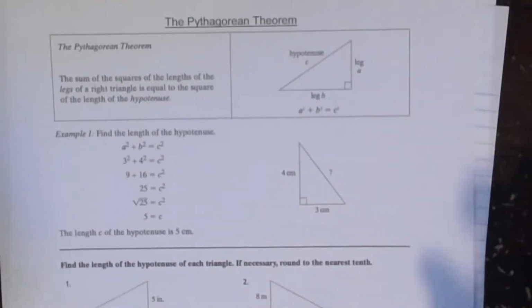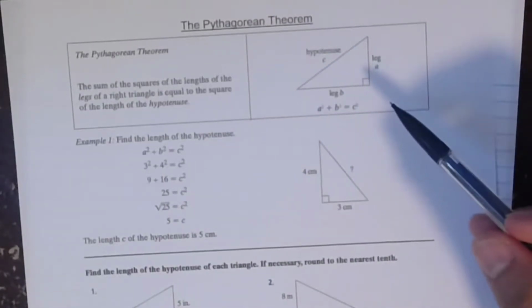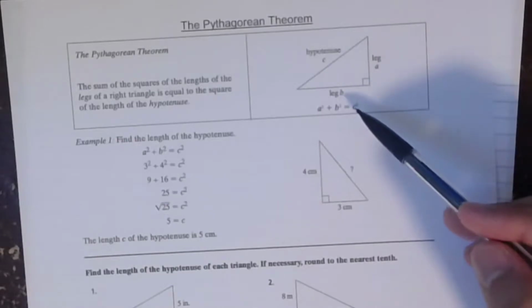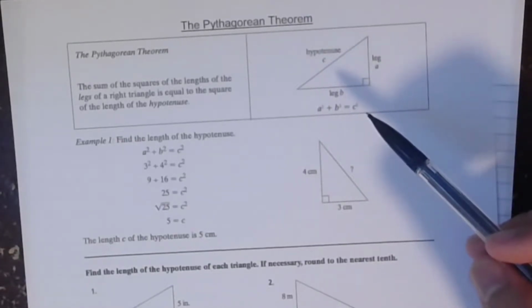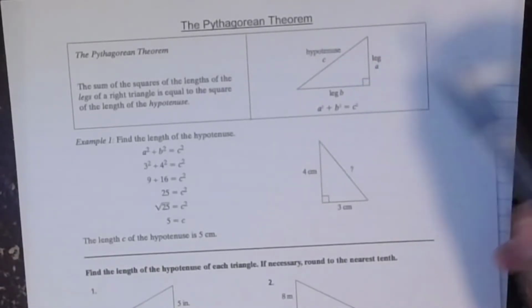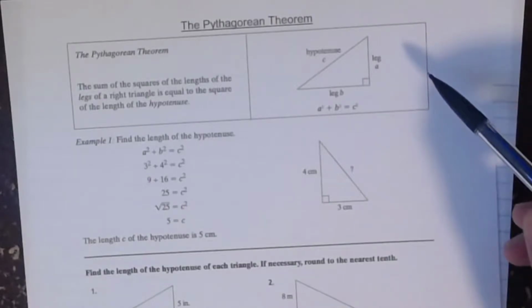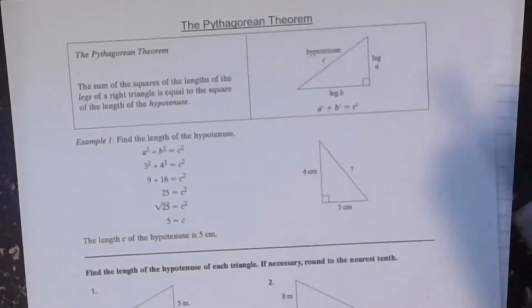So we're going to be doing some pretty cool things. Now, I'm actually curious if I should do the proof of the Pythagorean theorem, because I know one proof, and it's kind of cool, but it's a pretty weird looking proof.